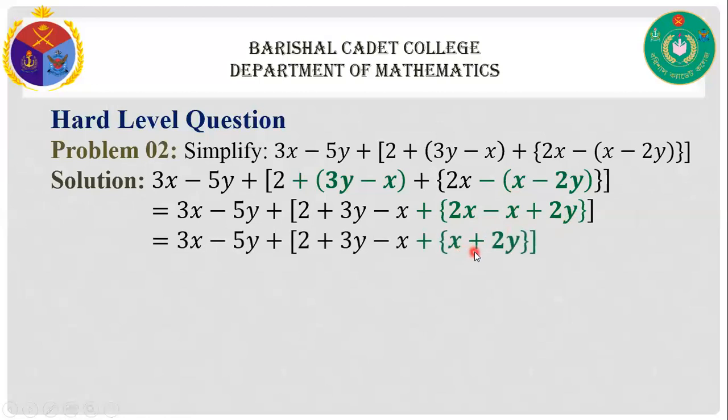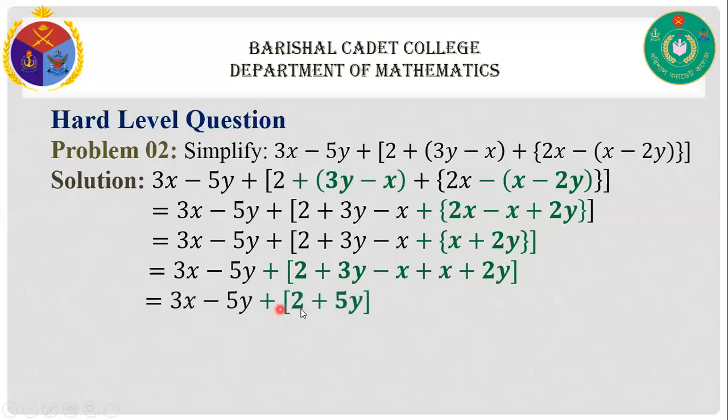So x plus 2y, and now we have to remove the second bracket, and before the second bracket we have a positive sign, so inside the second bracket the sign will be the same, so the other part remains the same, 3x minus 5y plus {2 plus 3y minus x, and it remains the same, so x plus 2y, and x will be vanished, minus x plus x equal to 0, and here plus 3y and here 2y will be 5y.